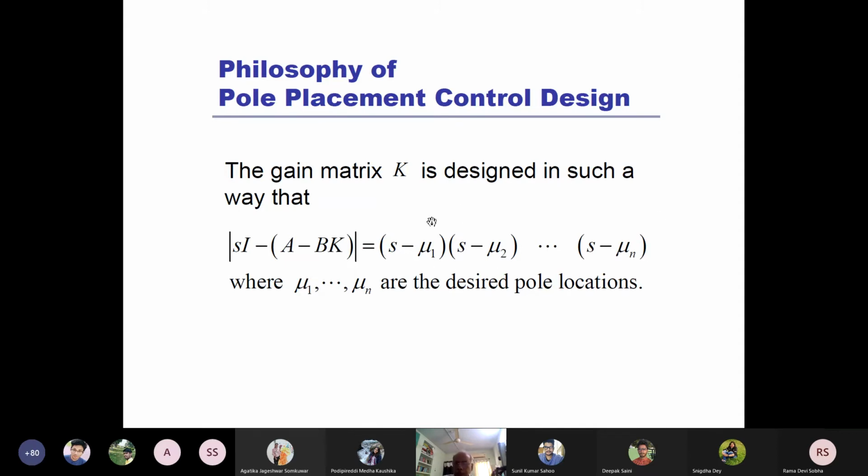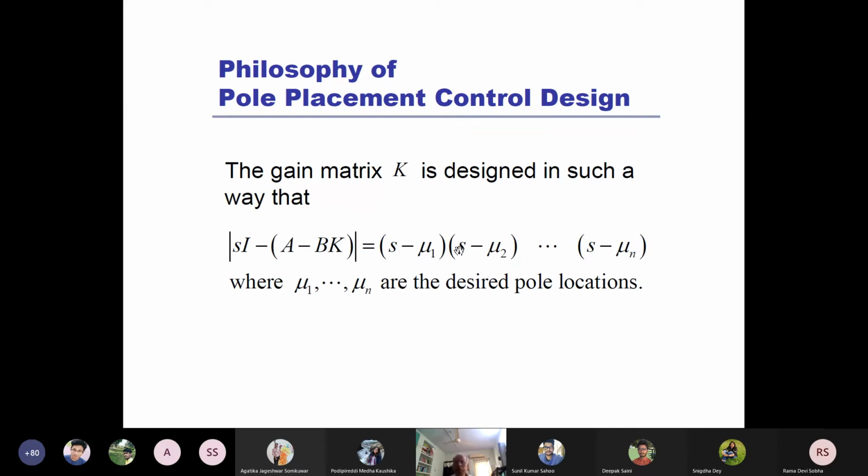For the desired closed loop system, we are considering a closed loop gain k multiplied by (s - mu1)(s - mu2) to (s - mu_n). So the characteristic equation is (s - mu1)(s - mu2)...(s - mu_n).